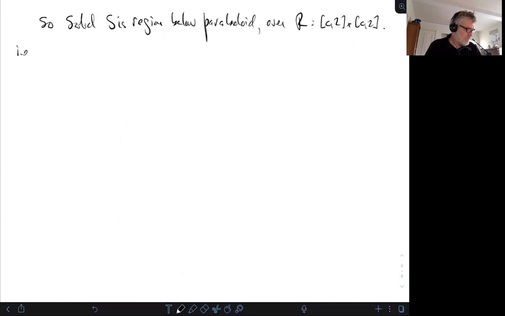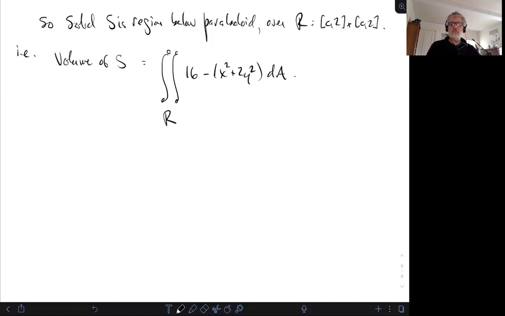In other words, the volume of S is the double integral over this rectangle of our function f, which we wrote, which was 16 minus x squared plus 2y squared. So that's by definition of the integral. It's the signed volume, but here everything is above the xy plane. And so now I can use Fubini. Why? Because this function is a polynomial, so it's continuous everywhere. So no problem.